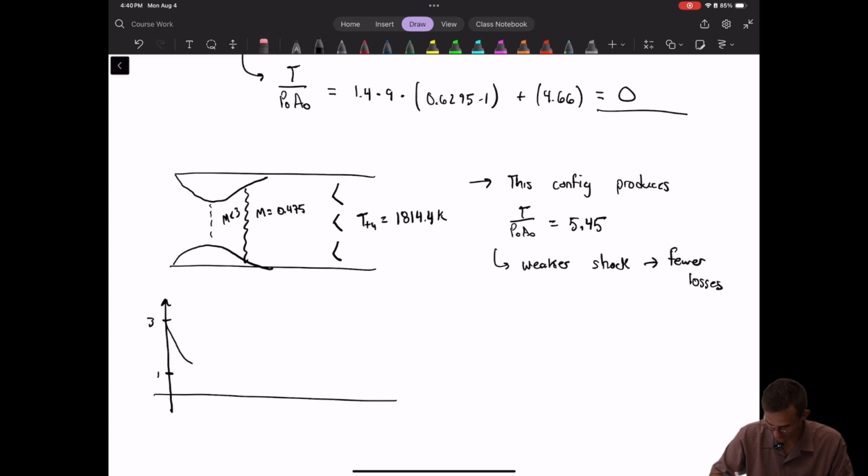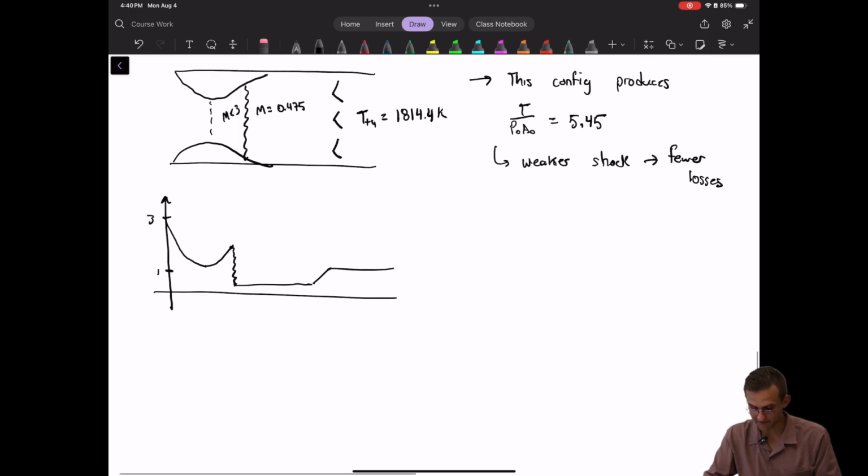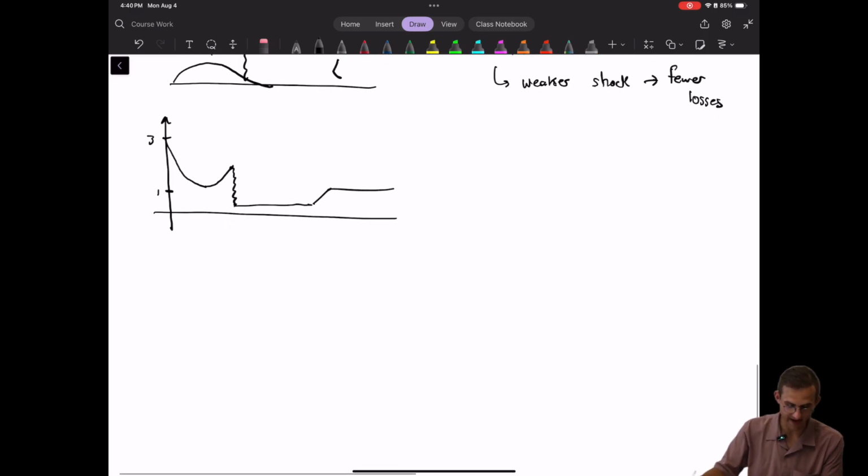We're going very close to 1, then back up, and then having the shock from this lower value down to here, and then going over the burner, heating back up to 1, and then going to the exit. Okay? So after this point, what we can do is add a converging nozzle.